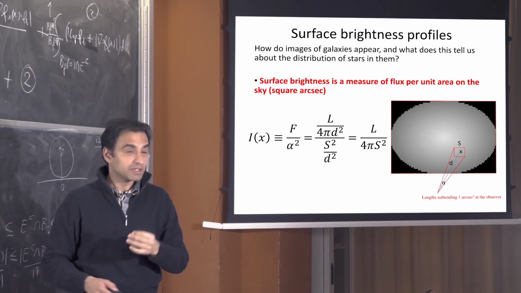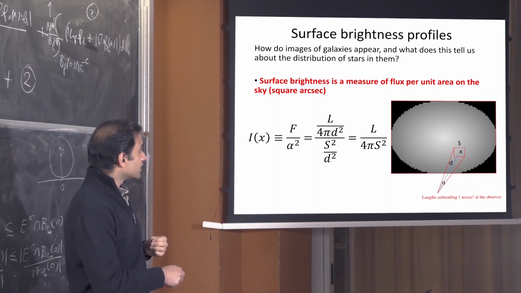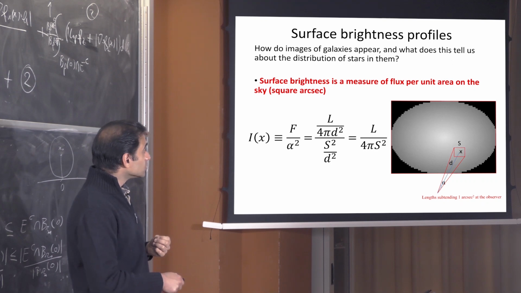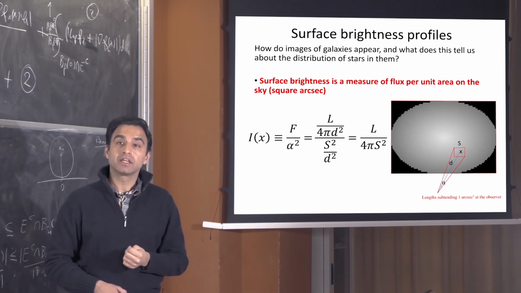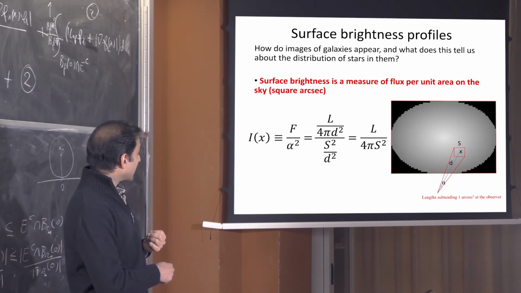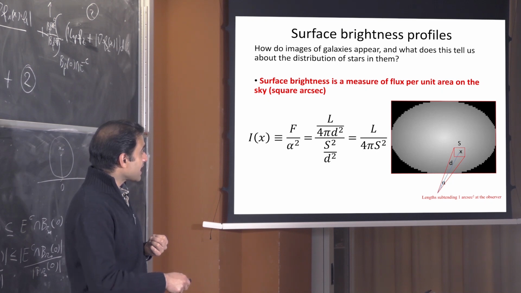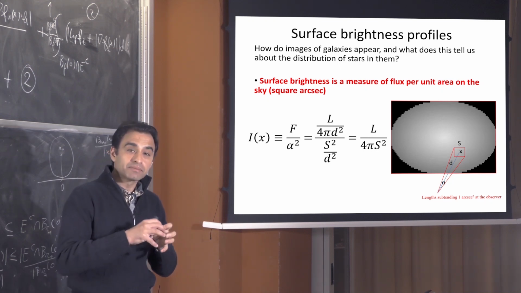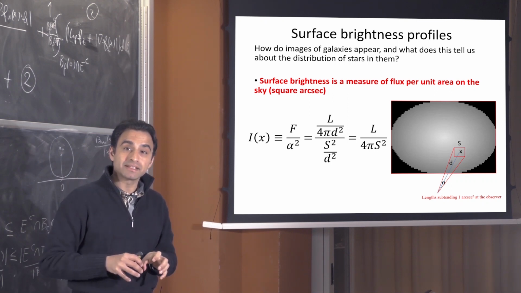Of course, if you then want to retrieve the full total luminosity of the galaxy, what you need to do is to measure your intensity in all points x of your image, and then you sum up all these intensities.